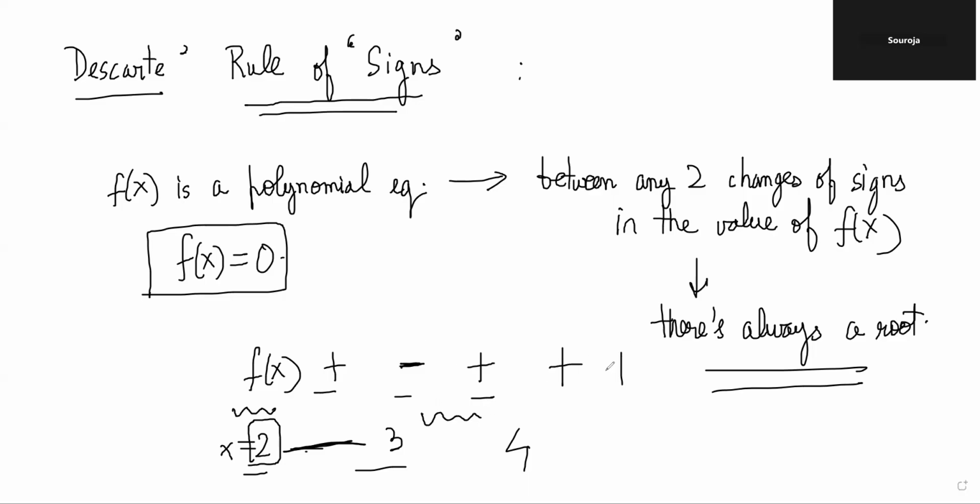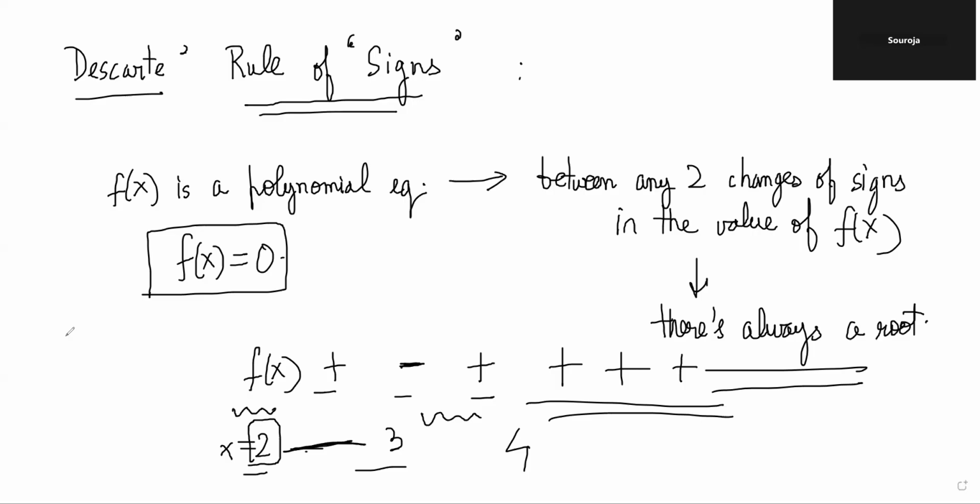If after that it is not changing its sign, then there are no further roots. But whenever there is a change of sign in the value of a polynomial, then there will be a root between those two endpoints, wherever the sign change is happening. Is it clear?